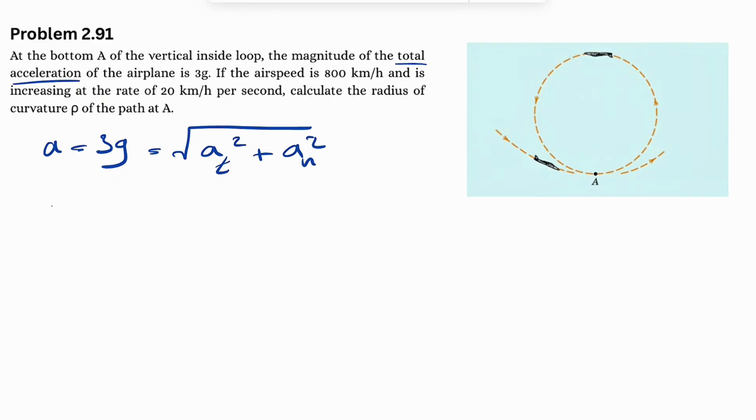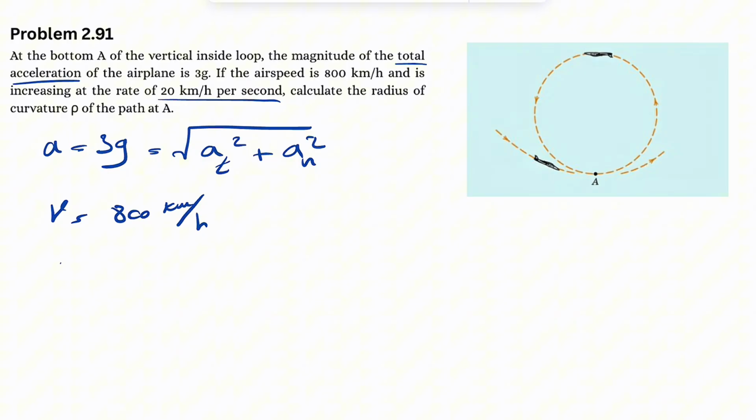We know the airspeed is 800 kilometers per hour and is increasing at the rate of 20 kilometers per hour per second. So basically we have the rate of speed over time.